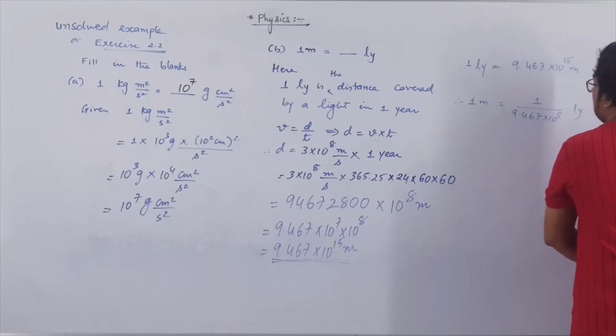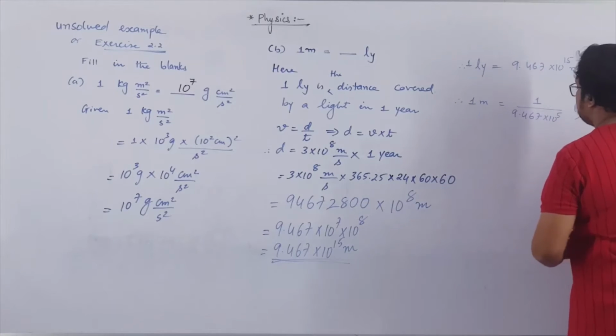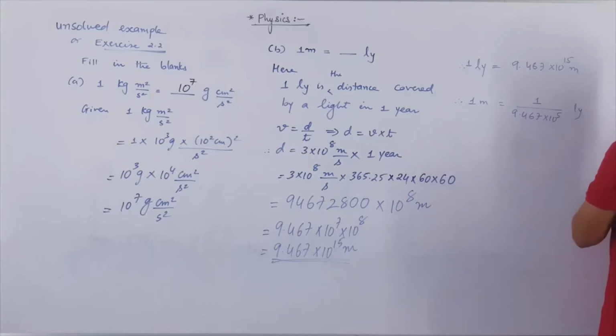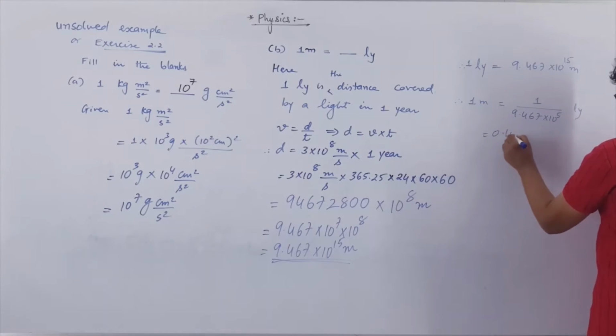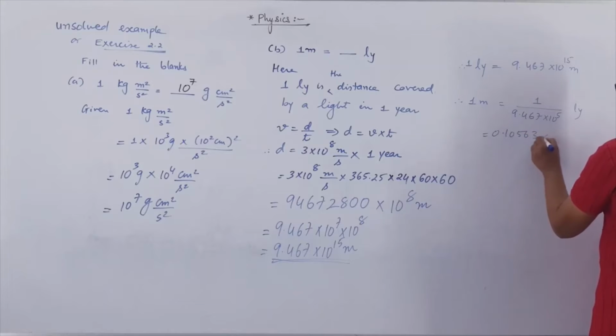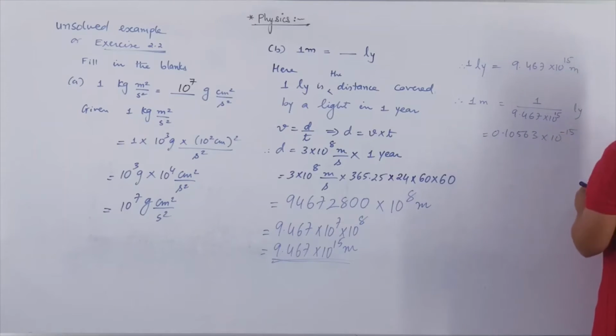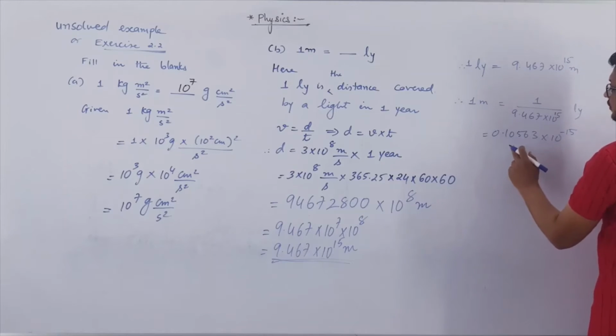So if you divide 1 by 9.467, you will get 0.10563 into 10 to the power minus 15, right? If you want, you can shift one more point to the right-hand side.